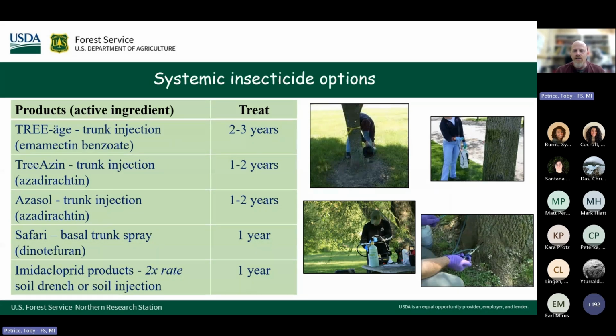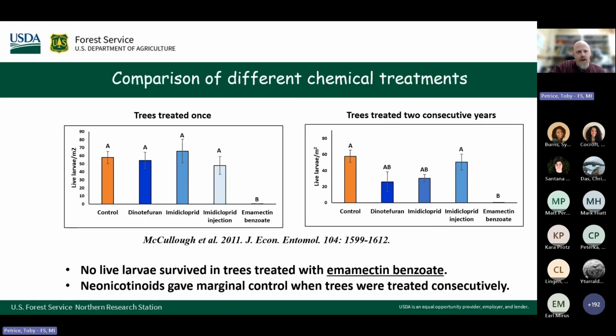And then there are some neonicotinoids like dinotefuran and imidacloprid. These give less reliable control of emerald ash borer. However, it is nice that they're easier to apply either as a basal trunk spray or as a soil drench. So these are products that are easy for home owners to apply to their trees.